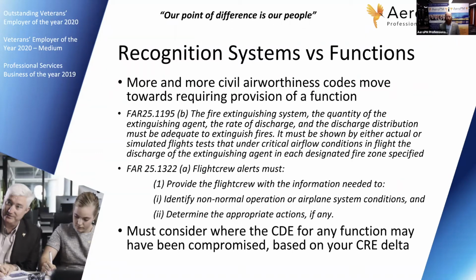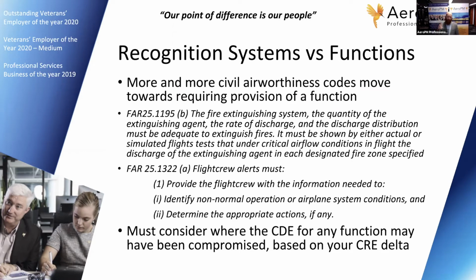All right, now I've put two examples here. So both of these, and that 25.1322, that flight crew alerts. So that even used to be called something different, like aircrew warnings or something like that. And it used to specify different colored lights for different situations, and then list the set of situations that would correspond to a red light, right?